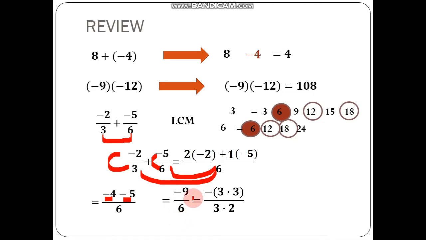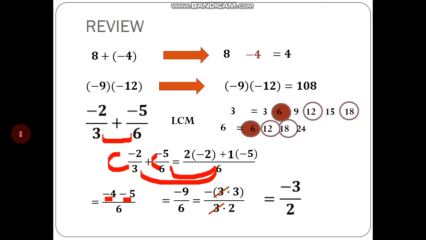Get the factors of 9, 3 times 3, and the factors of 6, 3 times 2. Cancel 3, and what is left is negative 3 over 2. Negative 2 over 3 plus negative 5 over 6 is equal to negative 3 over 2.